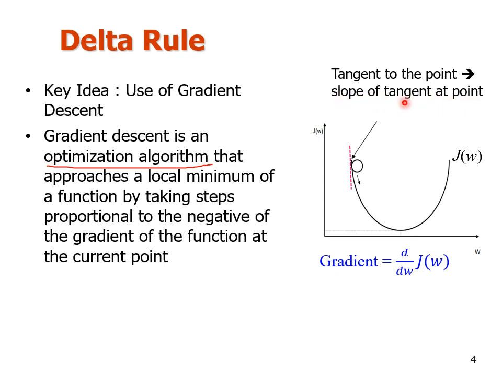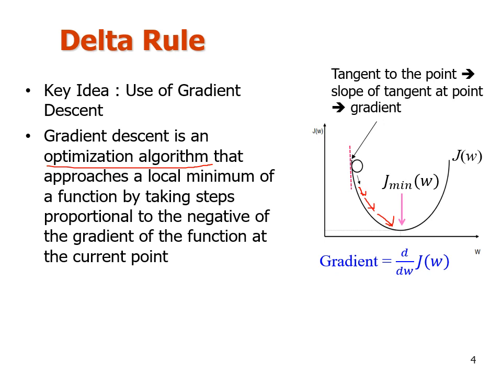This slope is actually nothing but the derivative or the gradient at that point, and we move in the negative direction to the gradient by updating the weight with a small value, and we continue this process till we reach to this minimum. This is the minima. So we continue the process till we reach to this global minima of this cost function.